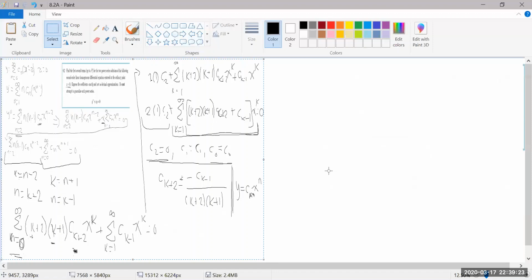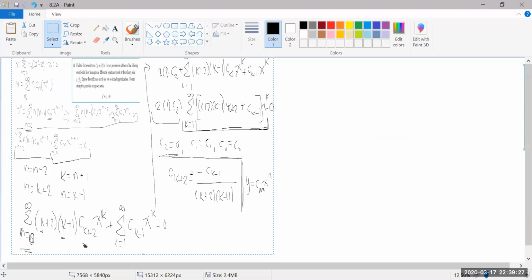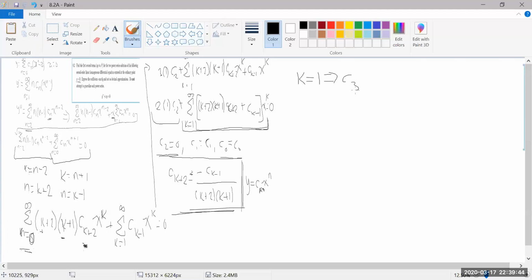Okay, so now that we have our base equation here, we can start plugging in the values that we know. So because we chose the C sub k plus 2, we can start our count at k equals 1 because it will yield C3.